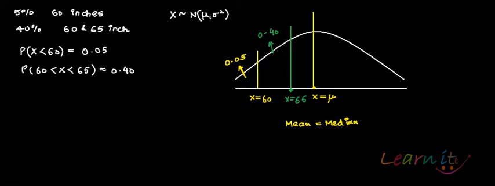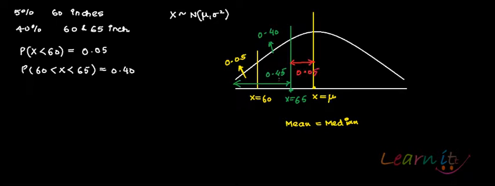Now, what does it mean? Between 60 to 65 is 40%, below 60 is 5%. So below 65 is how much, till here? 45%. That is 0.45. Then between 65 and mu is how much? 0.05.